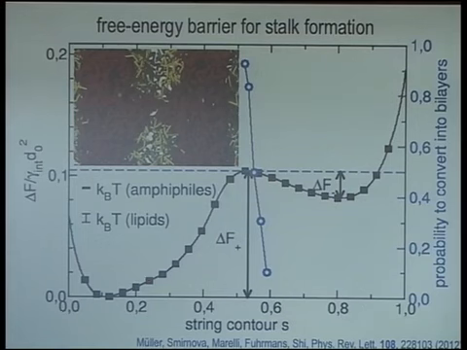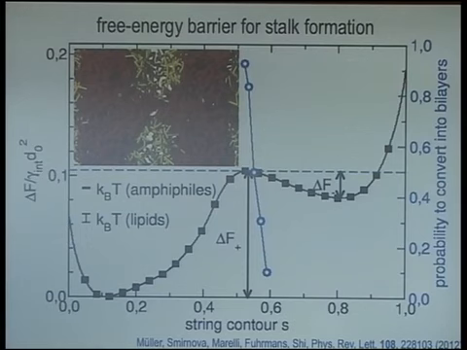Since you have at each point of this graph a particle-based configuration, you can just go to one of those points, generate whatever, 256 configurations, and just let them run. And you can ask whether they will end up in this minimum and in that minimum. And the probability of that is shown here. 50-50 is the horizontal line. So those ones who start left of this point run into this minimum, and those ones who start right of this point end up in the stalk configuration.